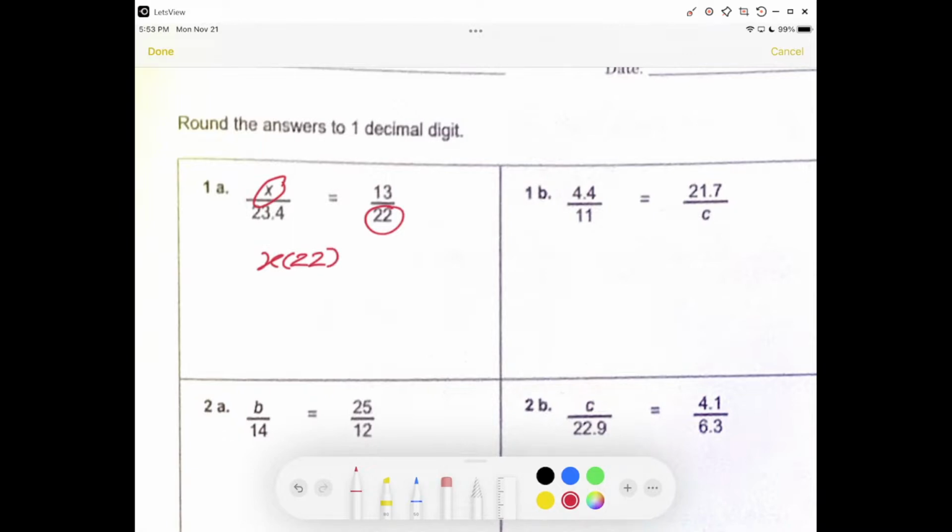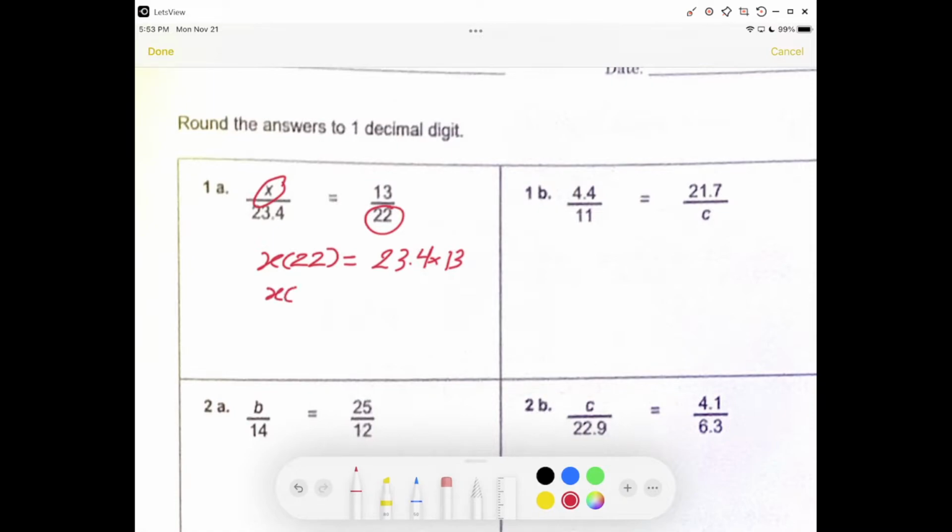And let's do 23.4 times 13. So now we have to multiply 23.4 times 13, and we get the answer of 304.2.